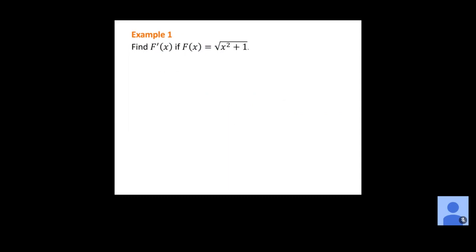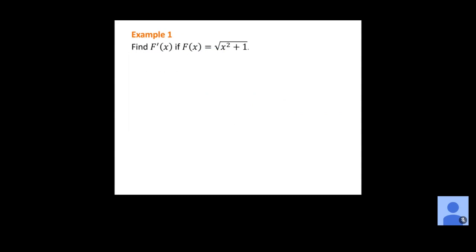All right, so let's look at this one now. We have big F, we want to find big F prime if f of x is equal to the square root of x squared plus 1. Okay, so first thing I'm going to do here, let's identify what the inside part is.